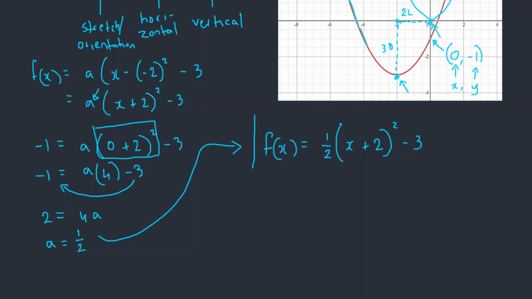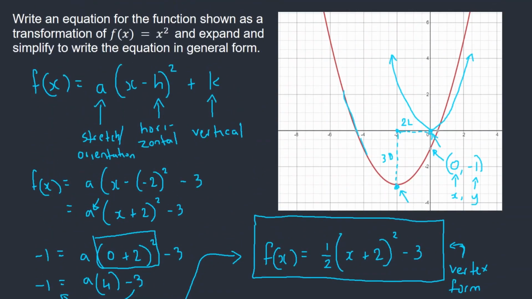And so this is my almost answer for this question. The reason I'm saying almost answer is because this is still in vertex form. And as the question was asking above, we need to figure out what the equation is in general form.